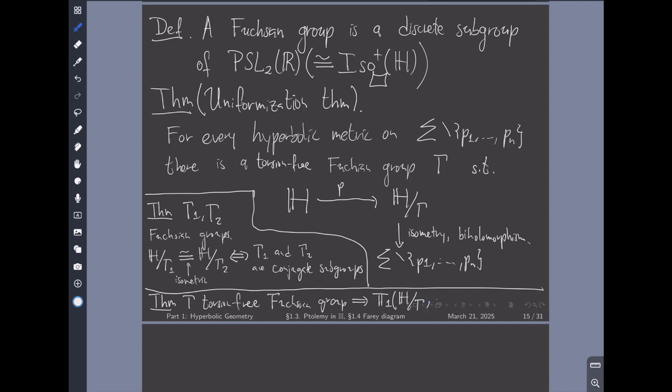You have to base it at some point. You base it at whatever point. Then this one is isomorphic to the Fuchsian group itself. So this is how you recover the group if you give me the surface.